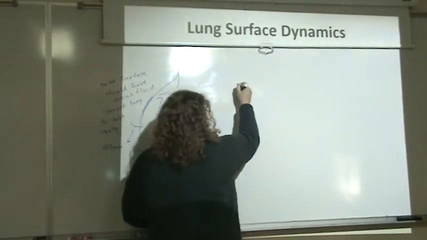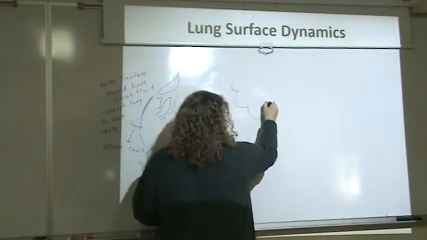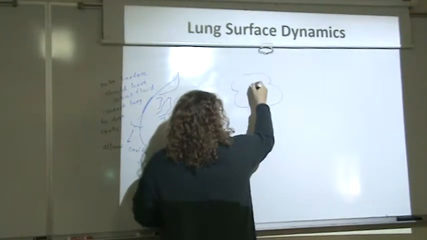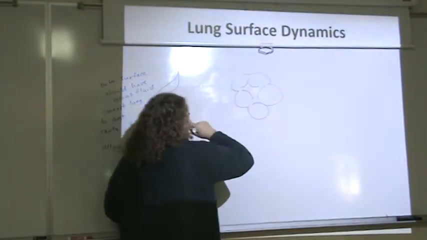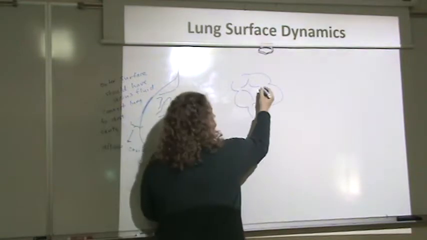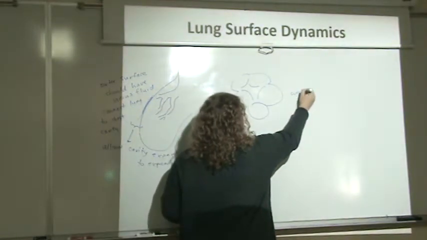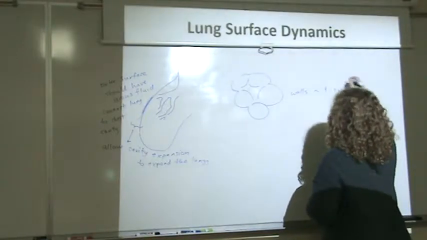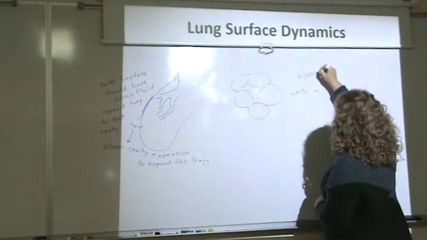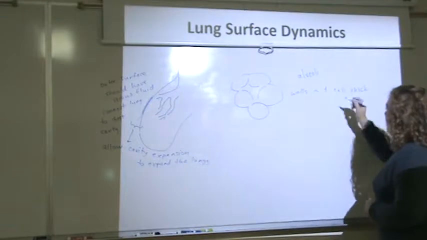On the inside, where we have alveoli, and if these are the cross-section through them, remember that their walls are about 1 cell thick. So this is supposed to be alveoli. Their walls are about 1 cell thick.